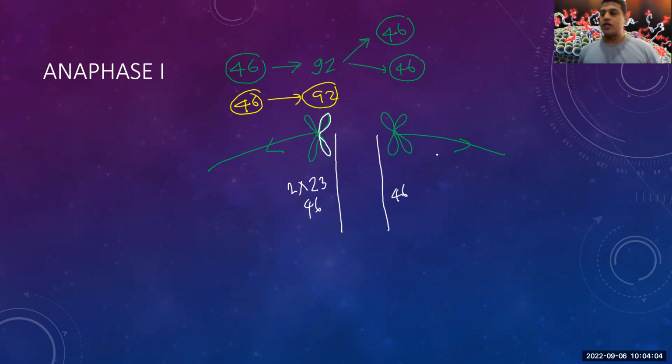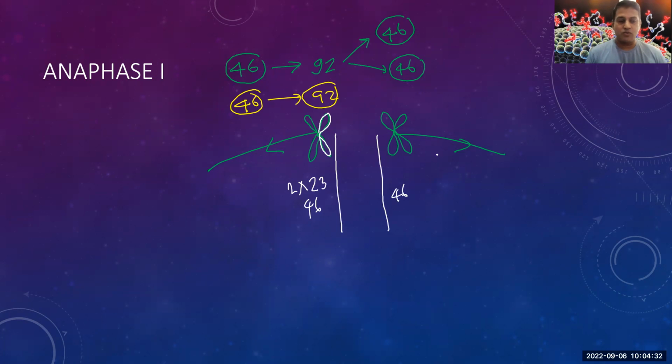But we are not concerned about the number, right? At the end of meiosis 1, we call it reduction division. Chromosomes become half. Now, a bit complicated, right? You see 46, but now it's saying chromosomes become half.